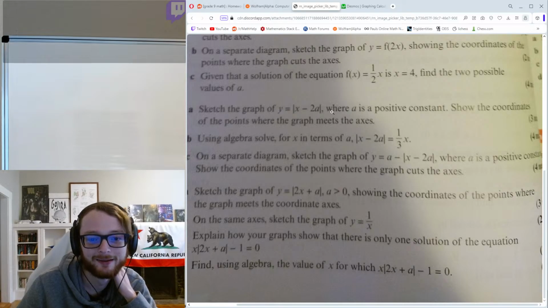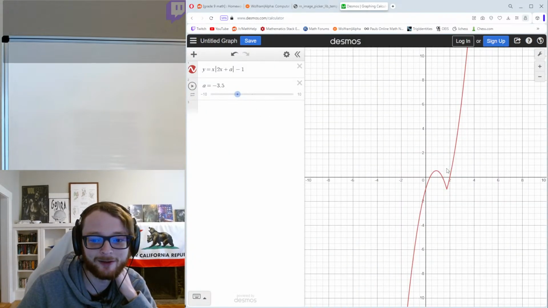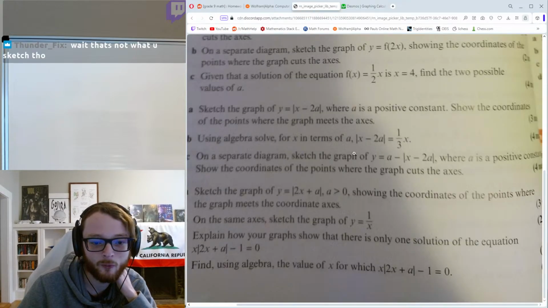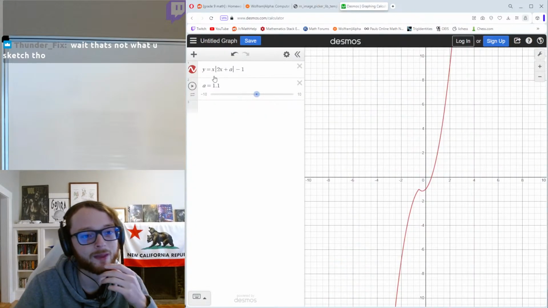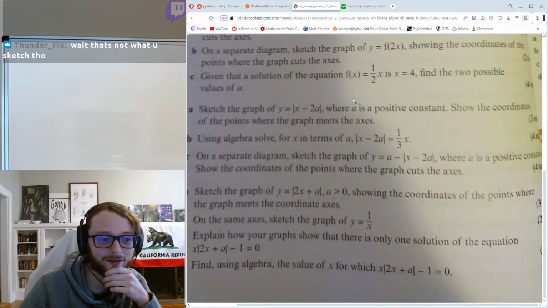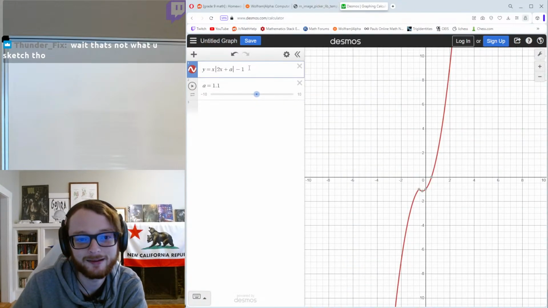Okay. So when you get negative a's, you can't have multiple answers. That's not what you sketch. Oh, you do 1 over x though. But no, oh wait, 2x plus a. Never mind. So what the hell? Wait, I see. That's kind of still a funky graph.